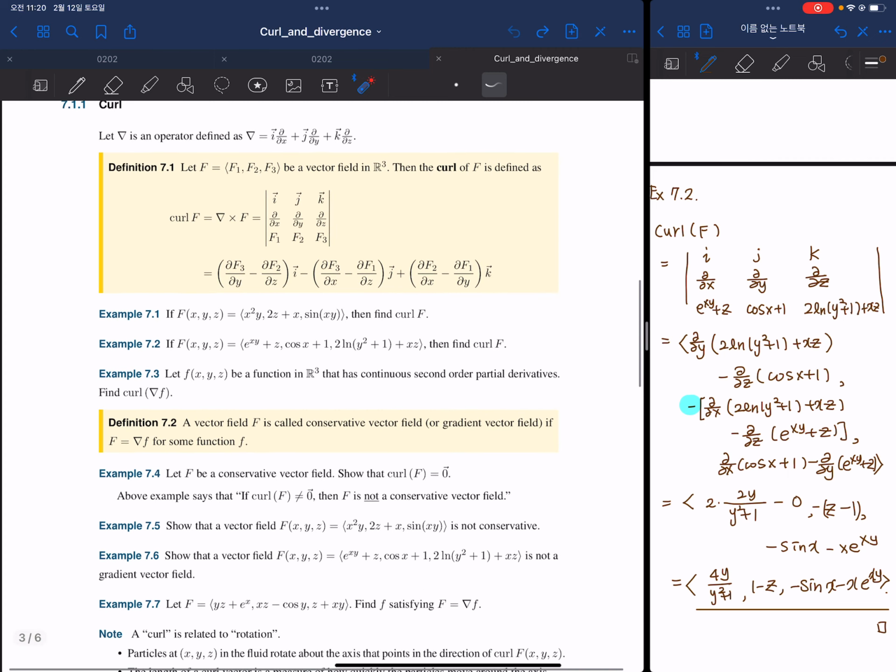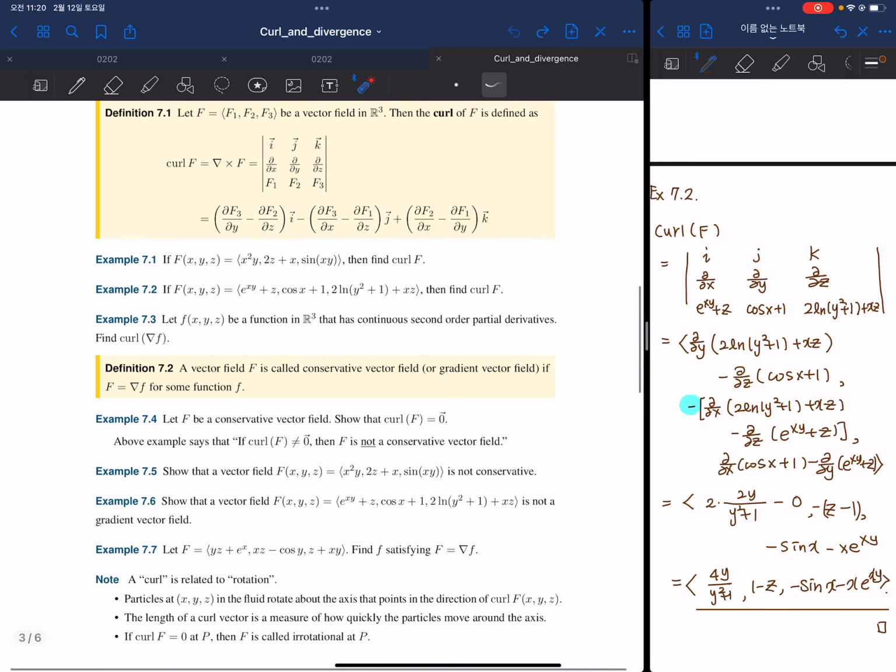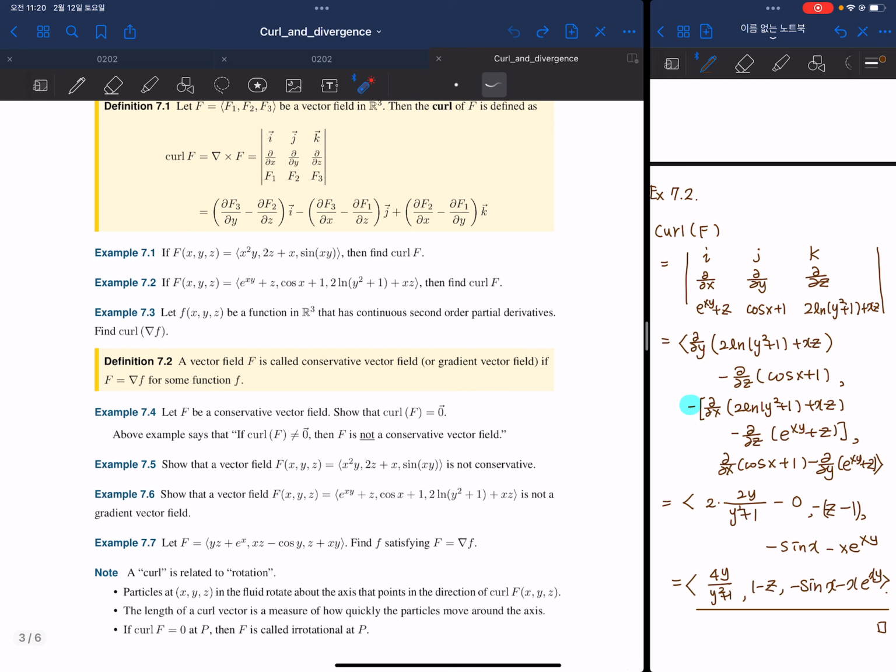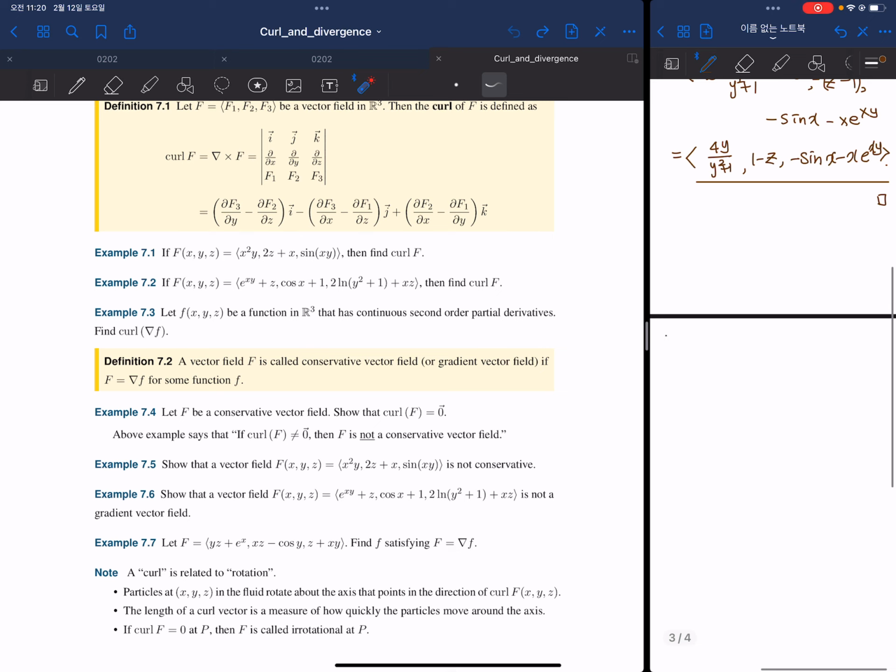Okay, then here example 7.3, we want to find the curl of the gradient f. So example 7.3, f be a function in R3 that has continuous second order partial derivatives. And gradient f, we have df dx1 and df dx2.